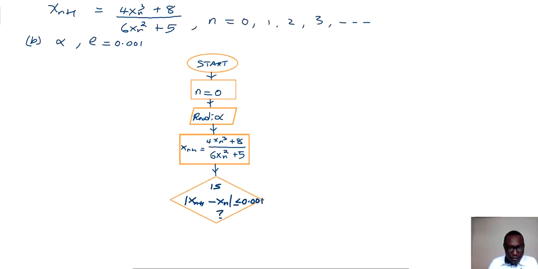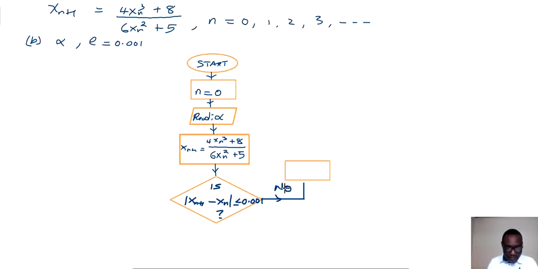So if no, we are going to take this route here. This is if no, and small n is going to be assigned. We are going to take another iteration, and small n is going to go to the next value.